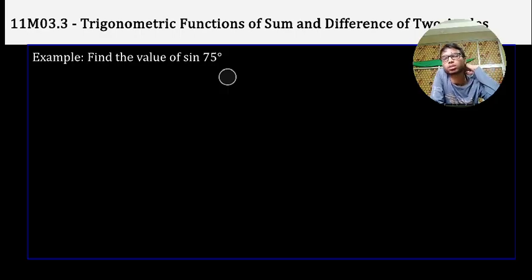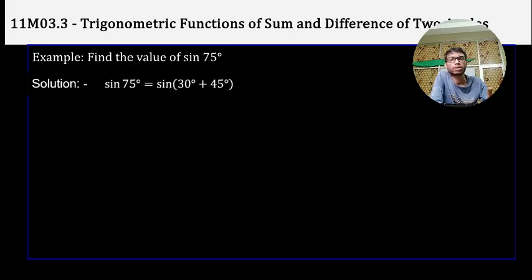So sin 75 can be written as sin of 60 plus 15. Both are the same. Now in that case you can use sin(a plus b), so that you can easily find the value of sine of this degree.